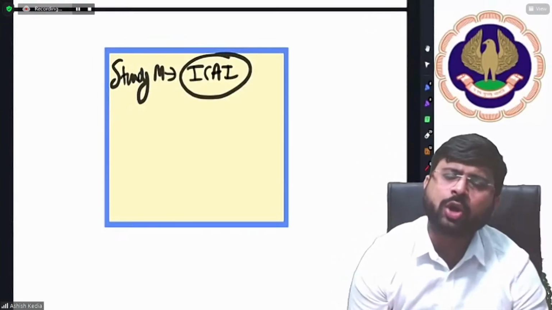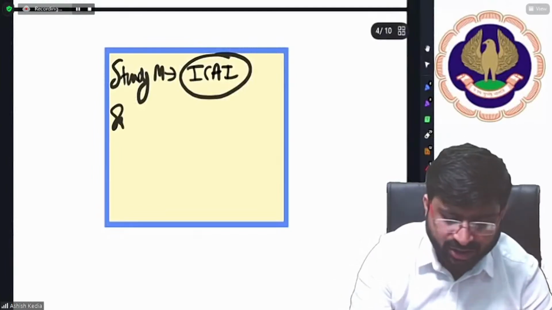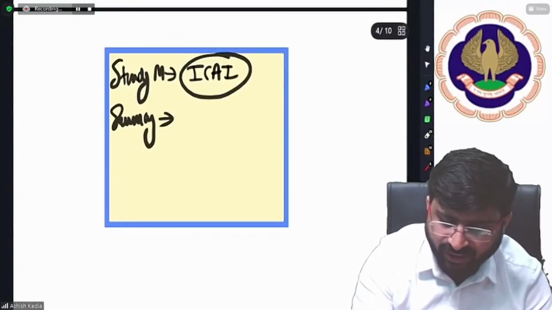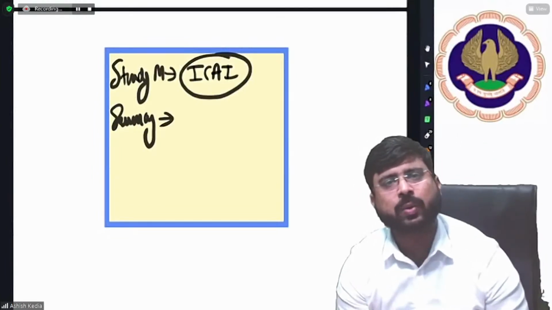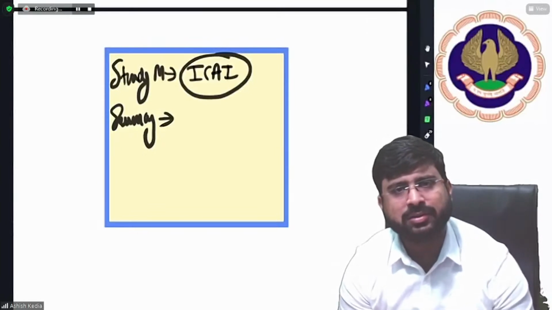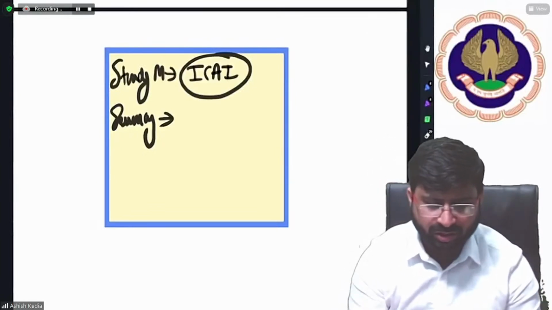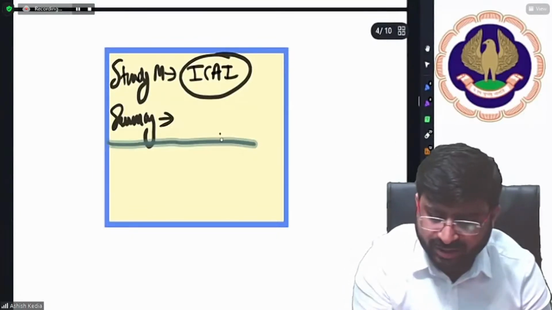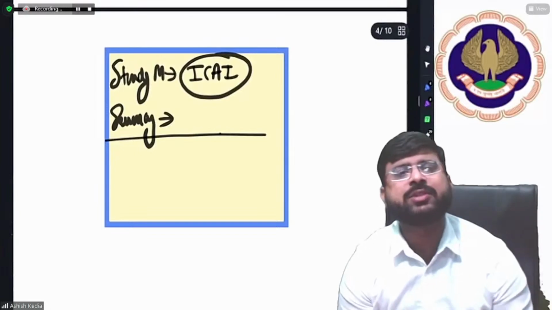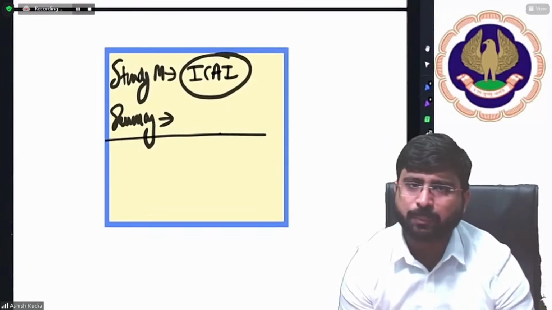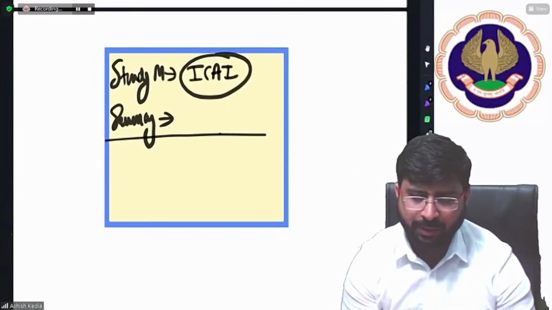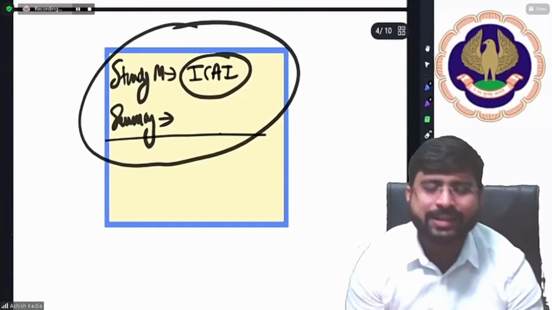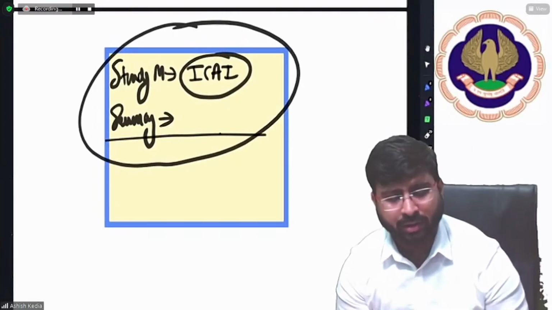You are talking about summary charts. The institute website itself has summary charts of all the chapters. As far as our class is concerned, whenever there is something to be noted down, I take a pause, so you may note it down. If you want to do well in eco, these two are sufficient.